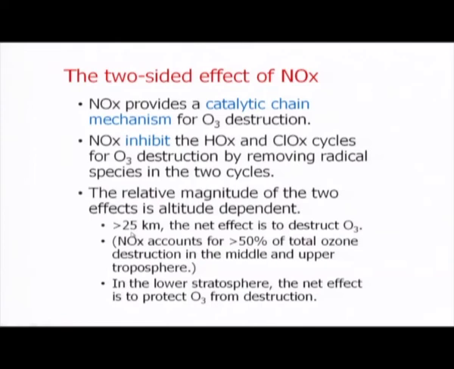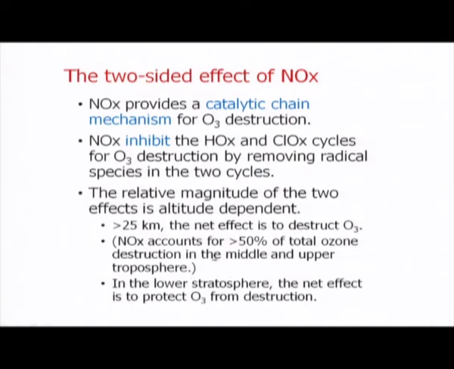So, the oxides of nitrogen contribute in 2 ways, and the relative magnitude of the 2 effects is altitude dependent. Above about 25 kilometers, the net effect is to destroy ozone in the stratosphere. That is, NO accounts for more than 50% of the total ozone destruction in the middle and upper stratosphere.